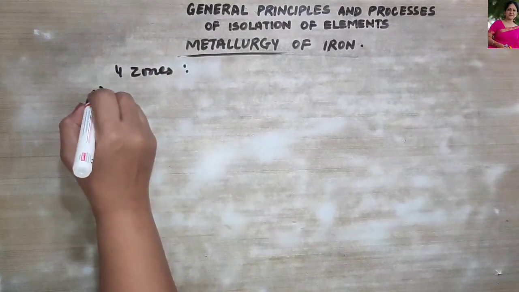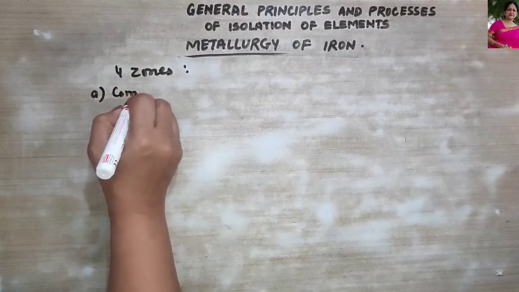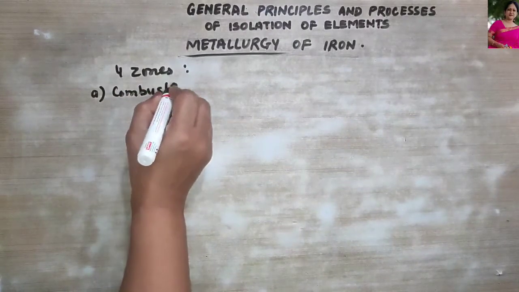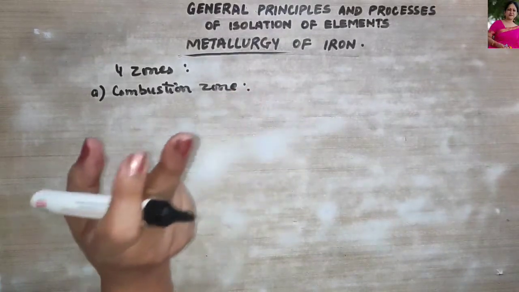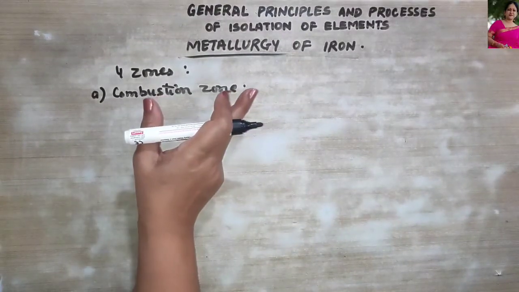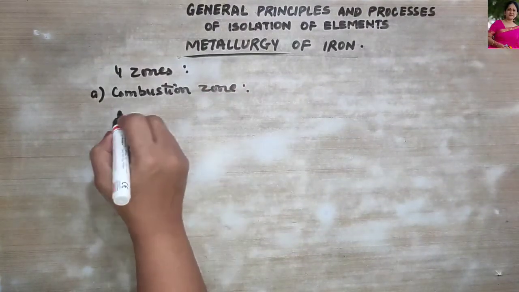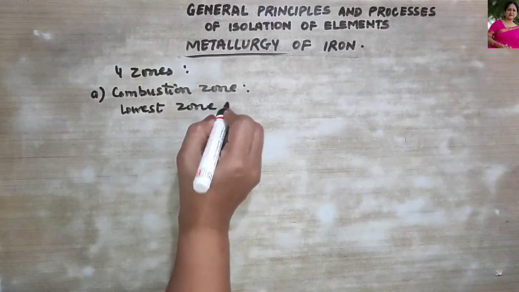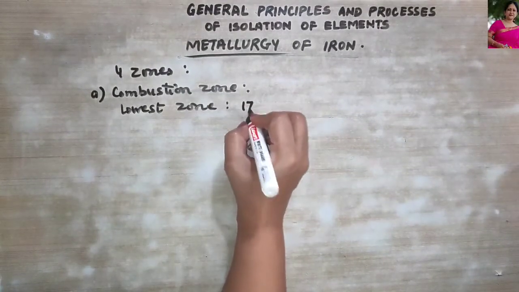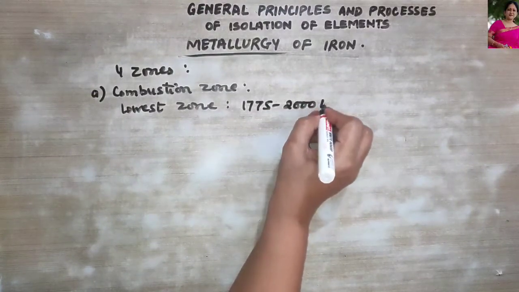So the first one, if you check the figure over there, is called the combustion zone, right? This is the lowest zone where the temperature is maintained at around 1775 to 2000 Kelvin.